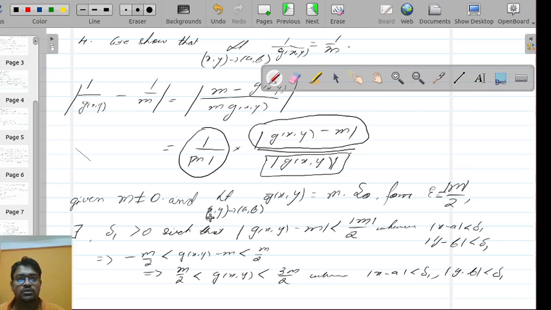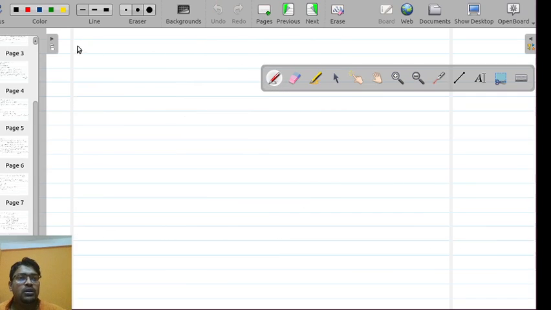Okay, so let us go to this next page. Mod of m by 2, this can be written as mod of m.